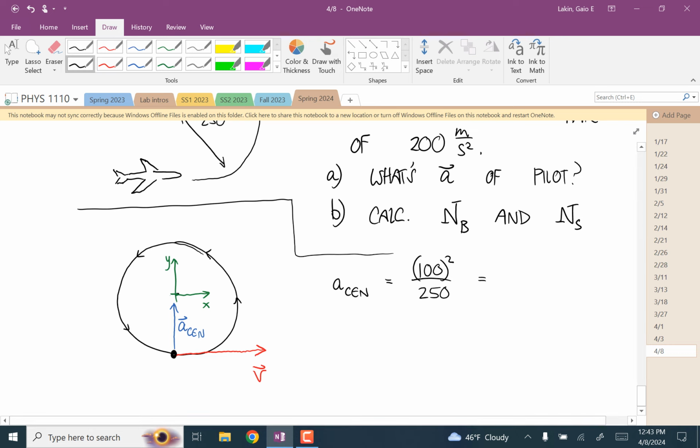And so this time we get a magnitude of 40. Now look at the picture you drew. This is acting in the positive y direction, so the total centripetal acceleration is 0, 40.